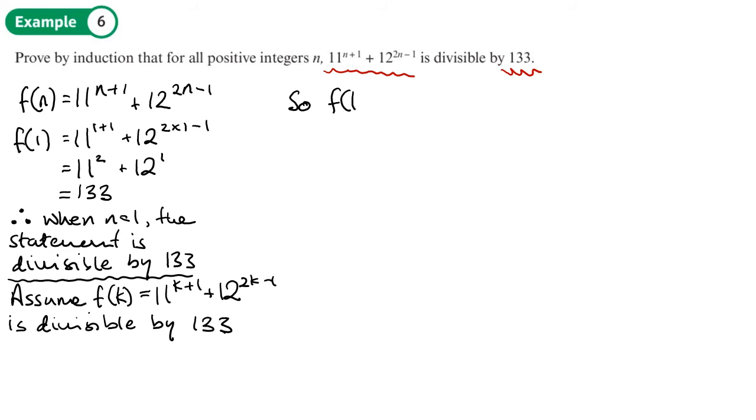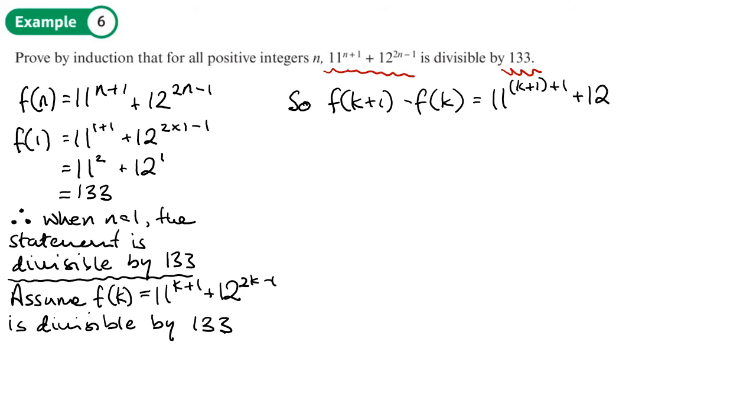We're now going to work out what this f of k plus 1 minus f of k is. We're going to show if this is divisible by 133. So f of k plus 1 will be 11 to the power k plus 1 plus 1. So write it out fully.